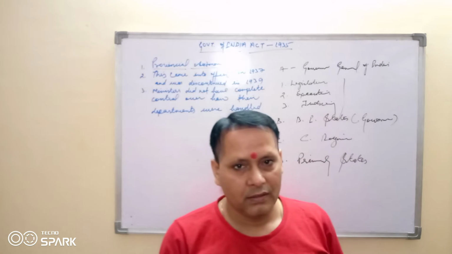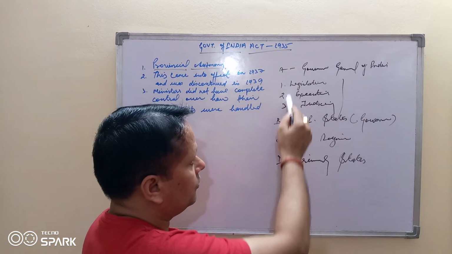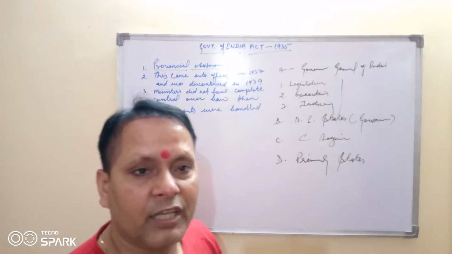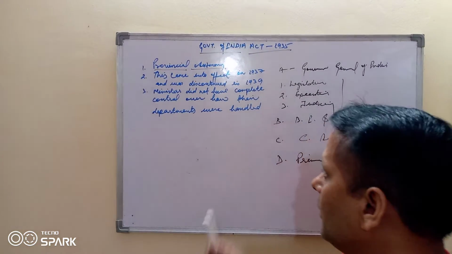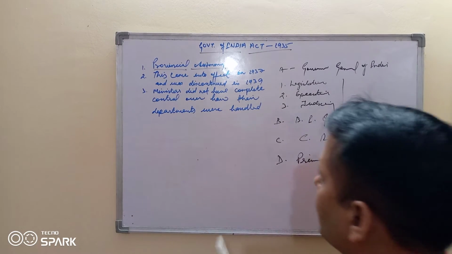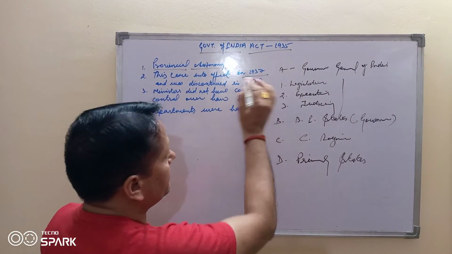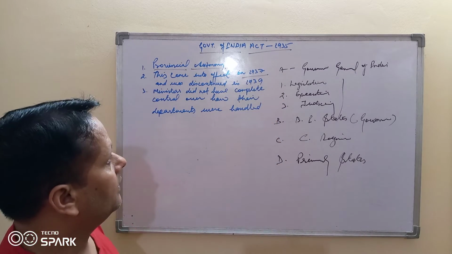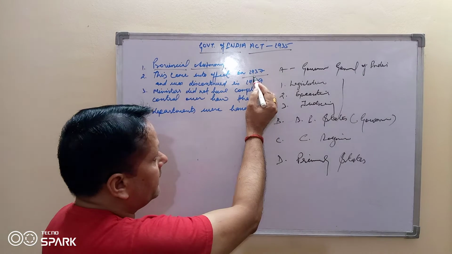Many areas were governed under those topics, and they were responsible. So next, this act came into effect in 1937. The Government of India Act 1935 came into effect in 1937.